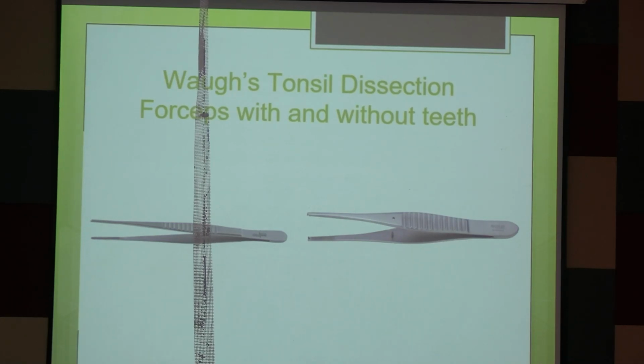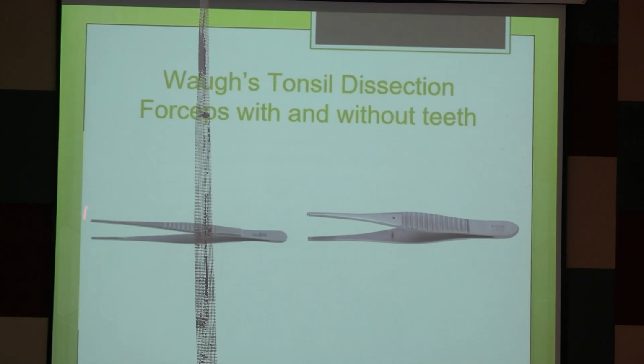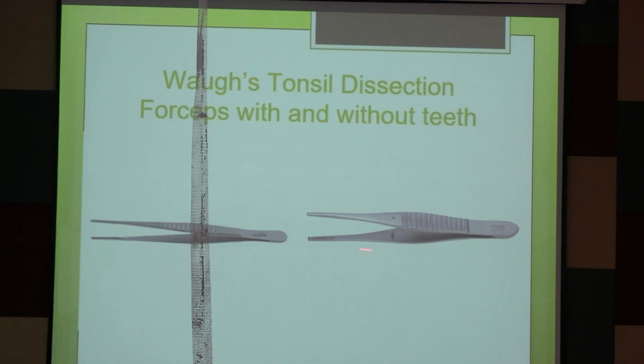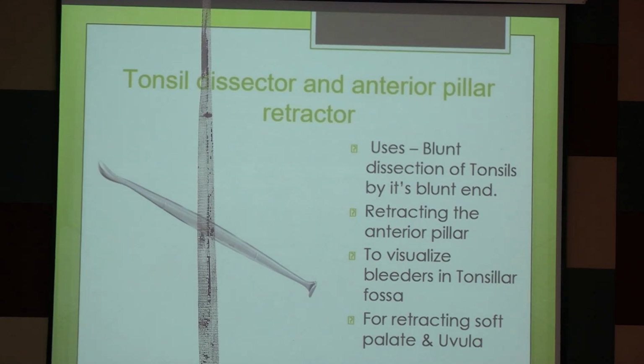And important, suppose that there is a definite vessel, we hold it sometimes with catch. But for most of the soft tissues, we use the plain forceps, right? And this forceps for tonsillar dissection purpose, this is a very long type, long and slender, right? So this is tonsil dissection forceps. The British name is Waugh's tonsil dissection forceps.